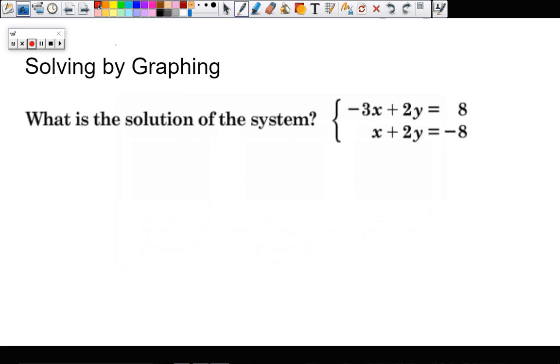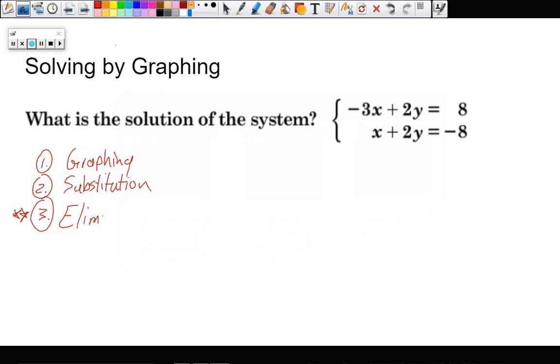Okay? Let me show you what we're looking at today. We're looking at graphing. We're looking at substitution. These are all methods. We're looking at elimination. This one's the one that I feel people should get really, really good at, because if you can do elimination, you can do any of these, whether it's calculator or non-calculator.